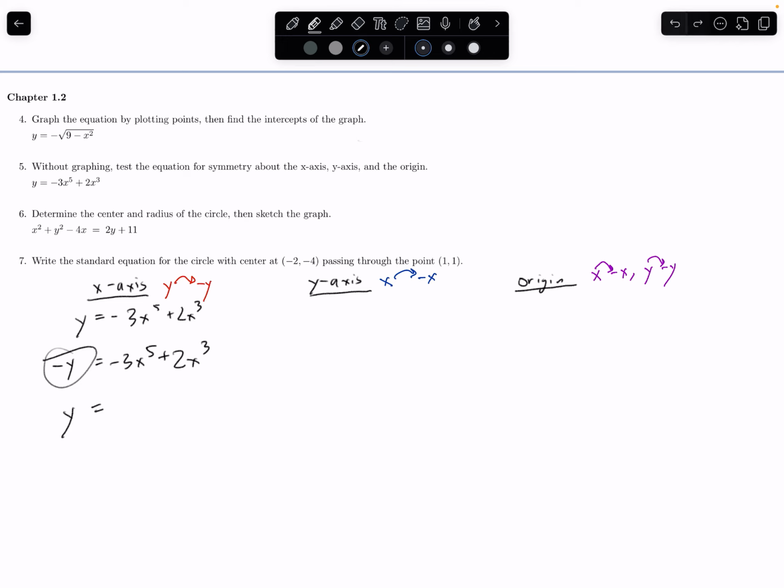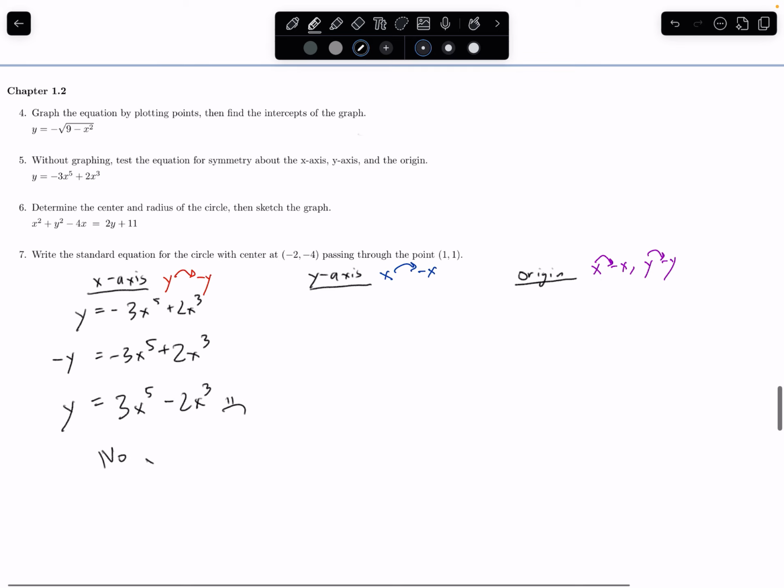And then this whole right side of the equation times negative 1. So that's going to be 3x to the 5th minus 2x to the 3rd. Comparing to my original, they don't match. They don't match. So no x-axis symmetry.